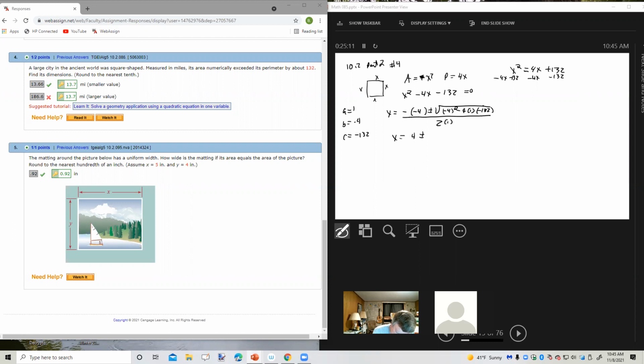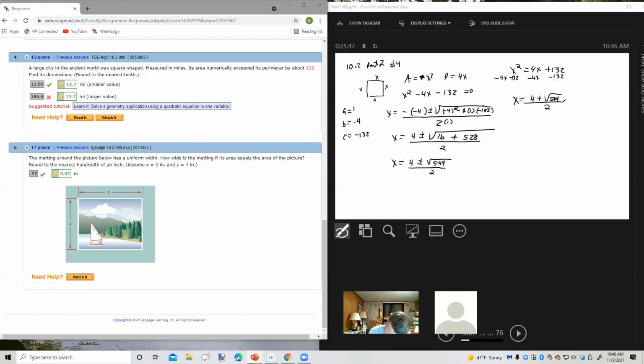X equals 4 plus or minus the square root of 16 plus, and let's see, -4 times 1 is -4, and that times -132 is a positive 528. That's all divided by 2. X equals 4 plus or minus the square root of 528 plus 16, which is 544, divided by 2. 544 is not a perfect square.